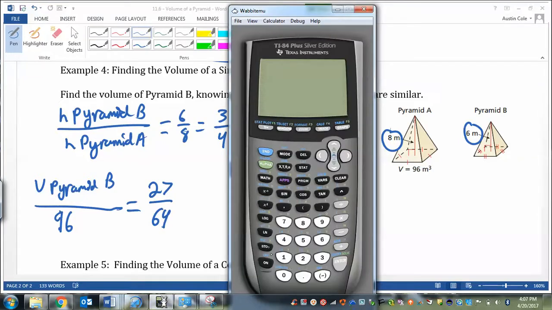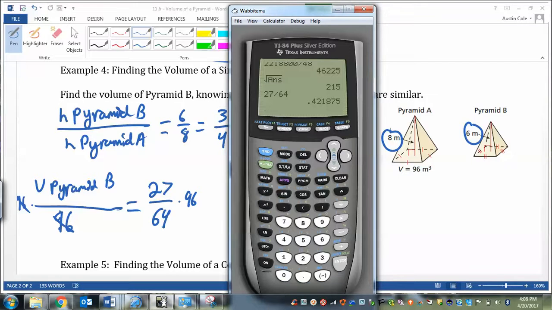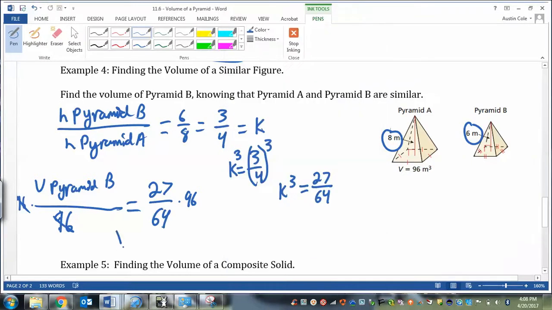So we have 27 divided by 64 equals whatever that number is, okay? Now, I want to times by 96 to get rid of the 96 on each side, right? So times by 96. Times that by 96, I'm going to get 40.5. So the volume of pyramid B is equal to 40.5 meters cubed.